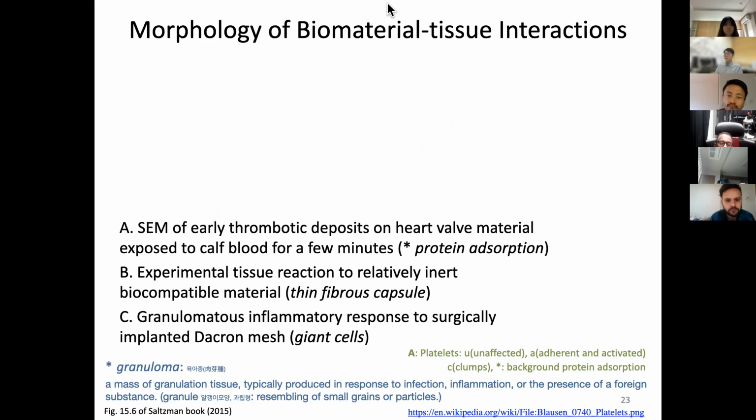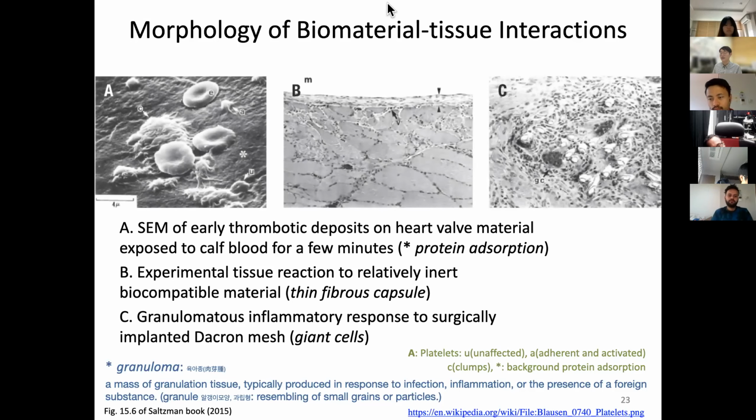So how do we study this, how do we understand this? Basically, we did an experiment, so here come the experimental results. The left part, A, is SEM, or scanning electron microscope, to show what happens.